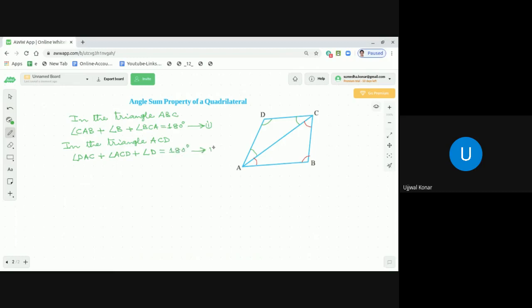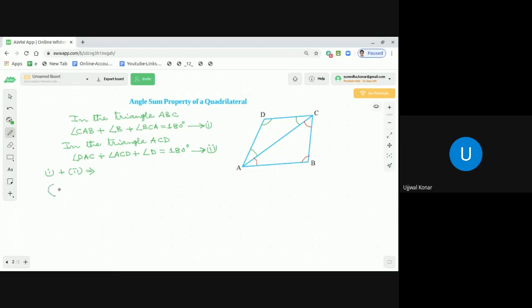Now what we are going to do, dear students, is add these two equations. So if we add equation 1 and equation 2, what are we going to get? Angle CAB plus angle DAC actually becomes angle A. So let me write it down.